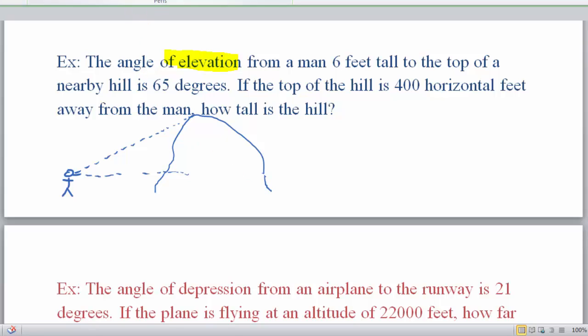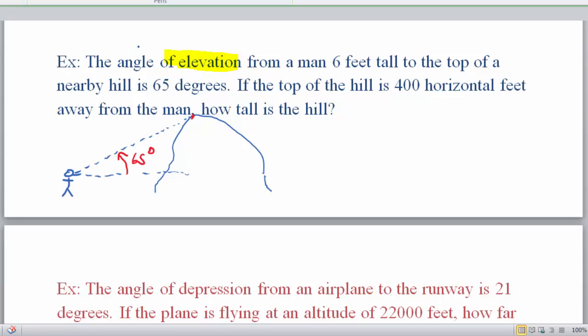So this angle of elevation here is going to be 65 degrees. And the top of the hill, which is right here, is 400 horizontal feet away from the man.